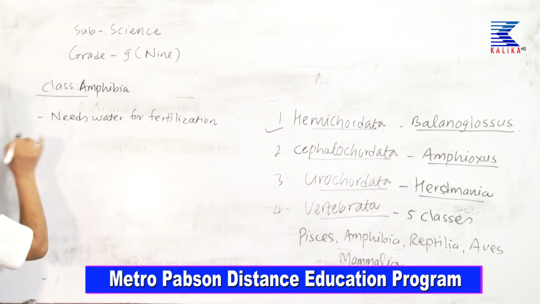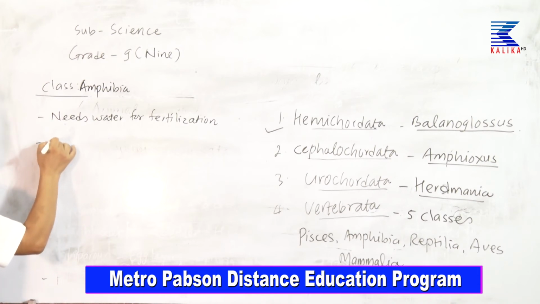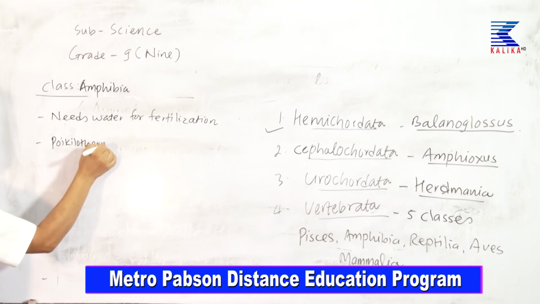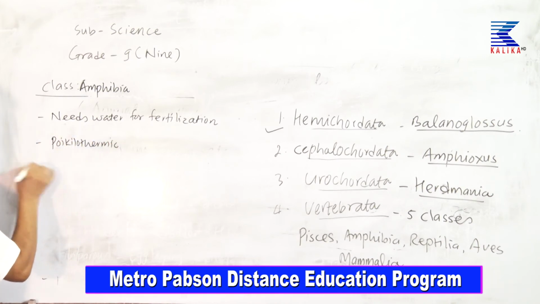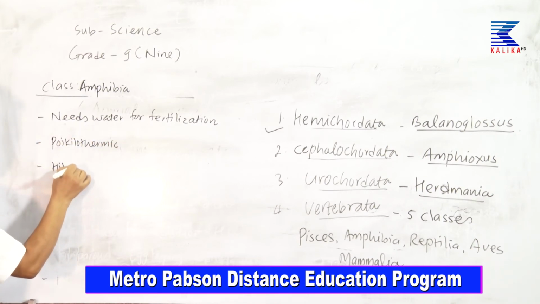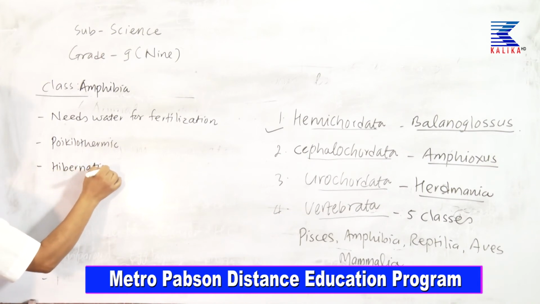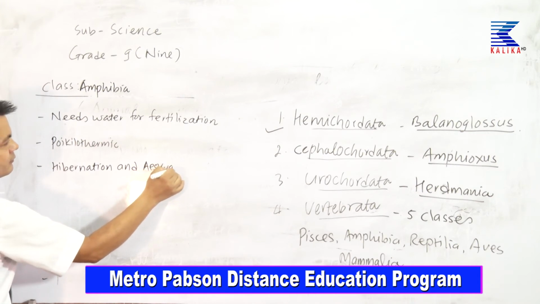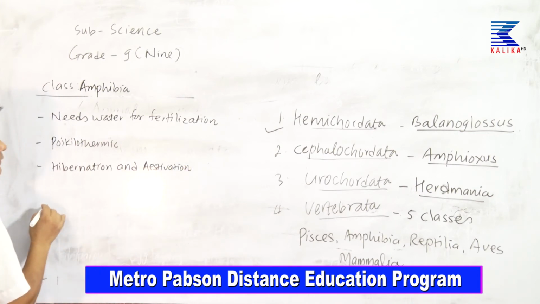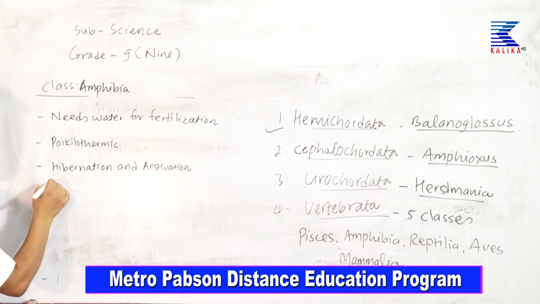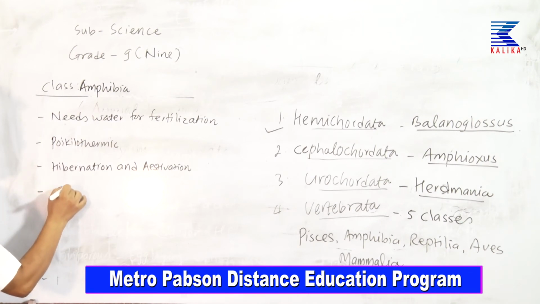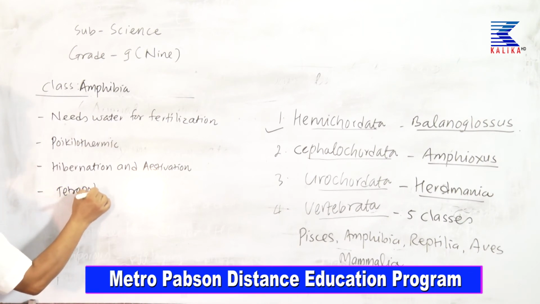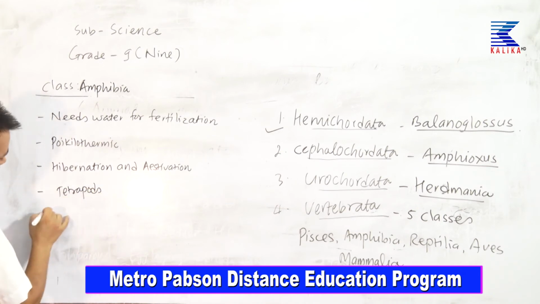Also, they are poikilothermic, and they go for hibernation and estivation. And they are the first tetrapods and pentadactyl.